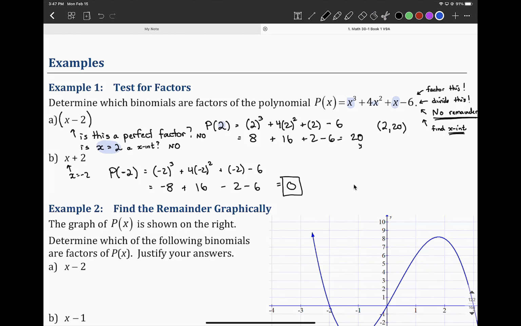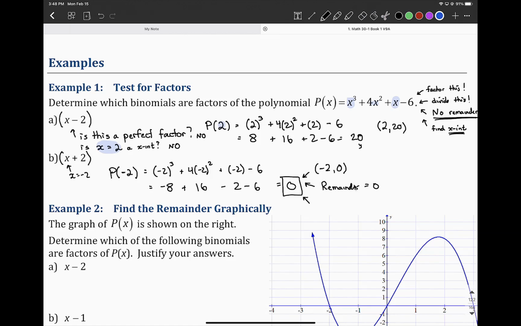The remainder we need, and the remainder we always want. So this is evidence to say that this function goes through the coordinate (-2, 0). This is evidence that the remainder, if we were dividing by this factor, will be 0.